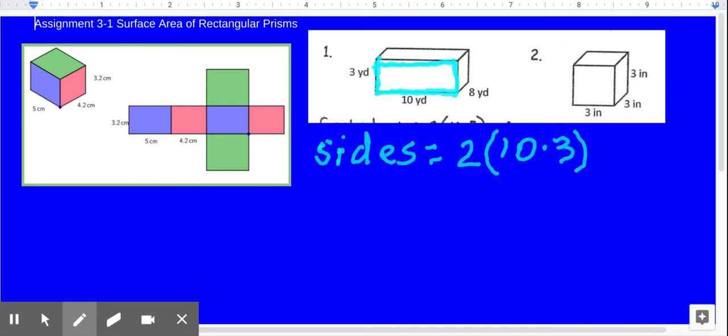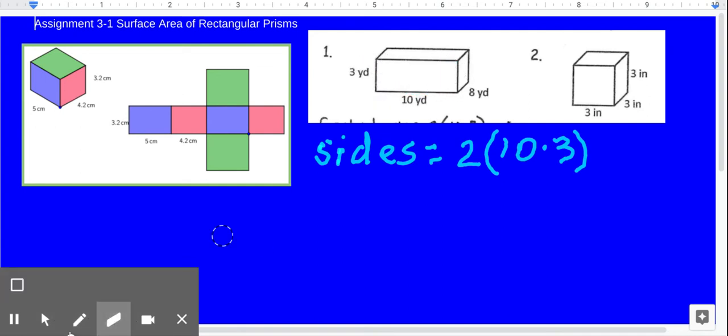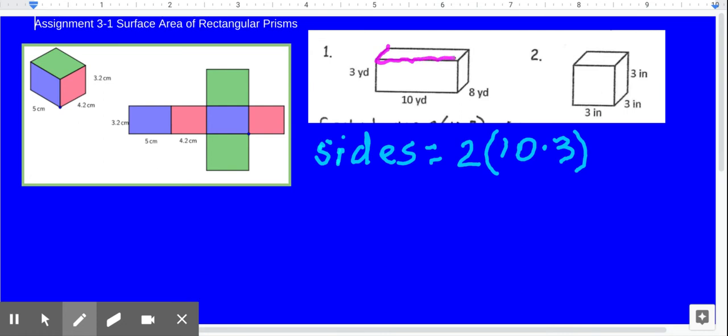And then now let's look at the top and the bottom. I will do that in a different color. So the top and the bottom, here's the top. And then we have a bottom, which we can't see. So let's put top and bottom.